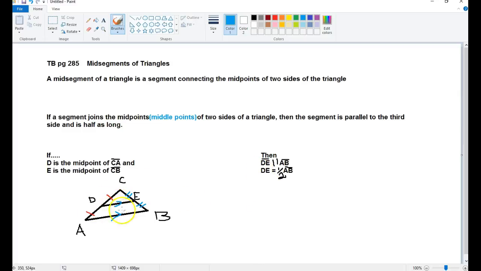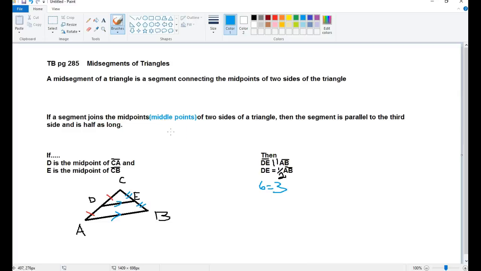And DE is half as long as AB. So if AB is, say, 6, then DE would be 3. So that's basically what the midpoint theorem says.